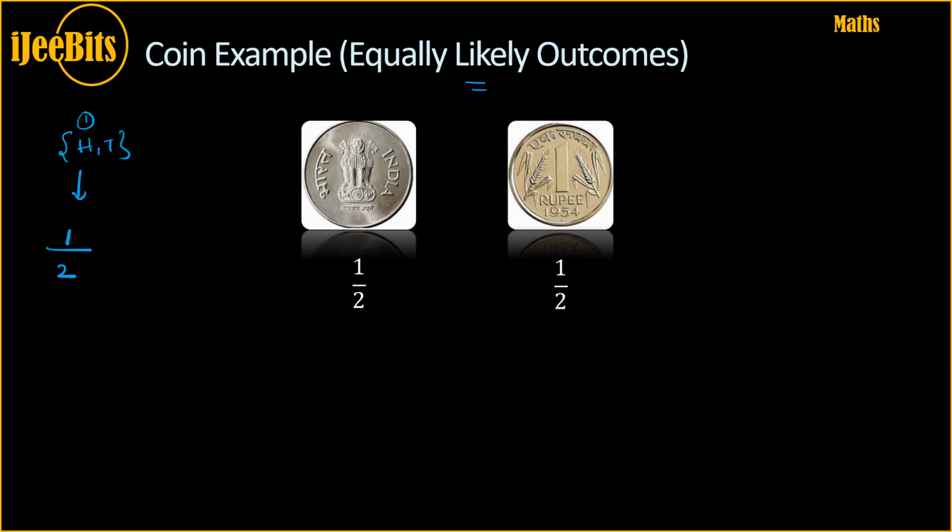That's why the probability of getting head or getting tail is 1 by 2. So we have a 50% chance of getting head, 50% chance of getting tail, and hence this is known as an equally likely outcome. Okay, that's the concept.